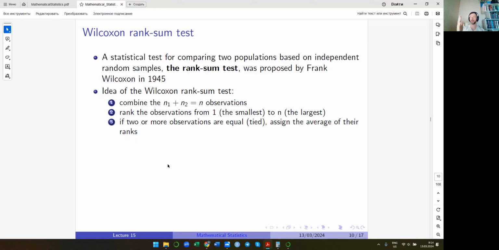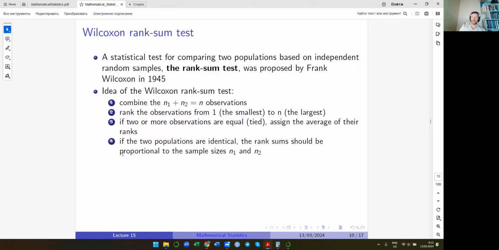For example, we have 10, 12, 15, 15, 16. 10 is the first, 12 is the second, and then you have 15, 15, which are third and fourth. But instead of third and fourth, you assign 3.5 and 3.5 to these two numbers. And then 16 goes to the fifth place, and so on.